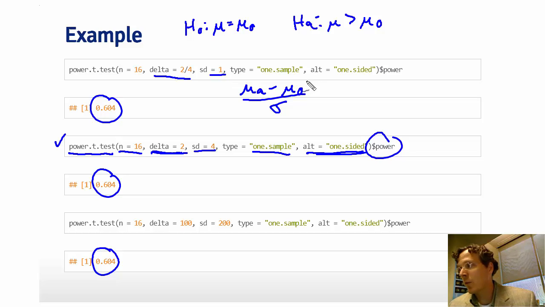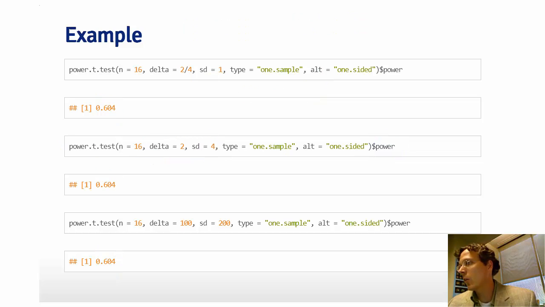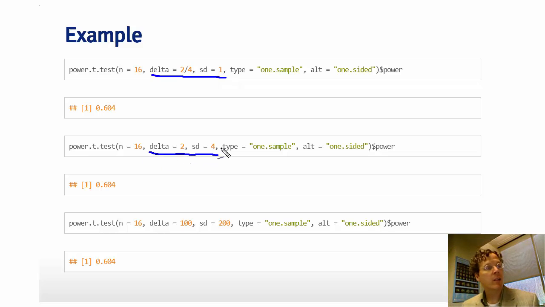And notice, so if I'm defining this numerator as delta, notice this is the same effect size as in this case right here. Okay? And since everything's getting a little clouded, let me re-grab my marker. So delta divided by SD is equivalent between that power.t.test call and this power.t.test call, and that's why they give the same number. The same thing is true here, okay, where it's 100 and 200, and if you divide the two, you get 0.5, so it's also true there.